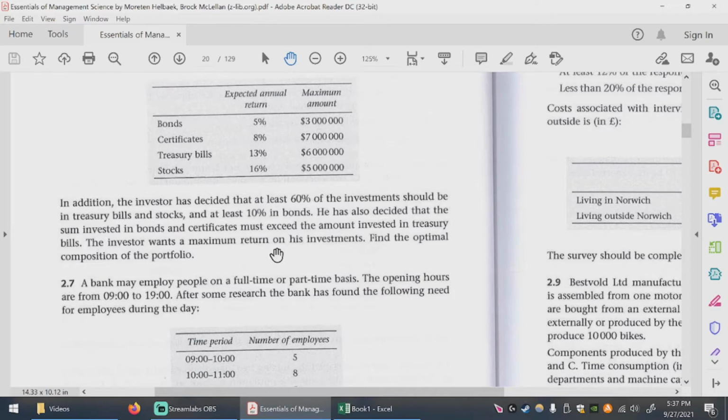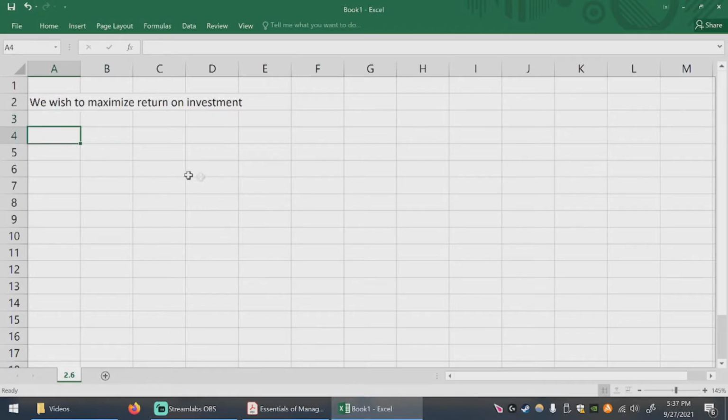What would I need to know to calculate that? I would need to know how much is invested in bonds, how much in certificates, how much in each of these different types. That then tells me what my decision variables should be, and I go ahead and write it, if I can type properly.